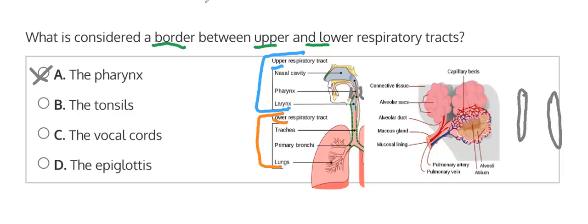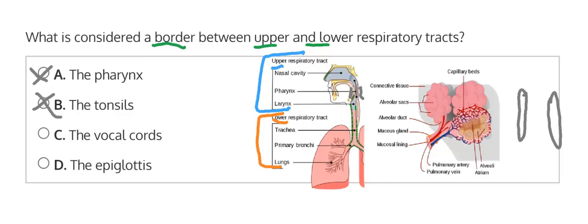You can't exactly see it on this diagram, but when you open a patient's mouth, it's in the back of their throat. So you can kind of see it all the way toward the back, and they go down. So that wouldn't exactly be the border between the upper and lower respiratory tracts, so therefore we can eliminate option B. The tonsils would be considered part of the upper respiratory tract, so we can eliminate that.